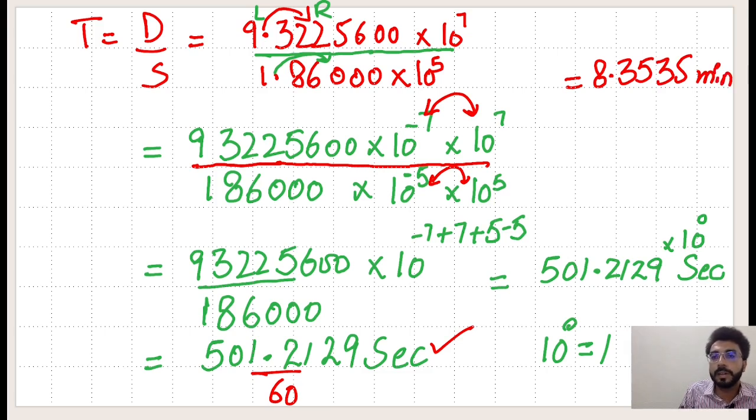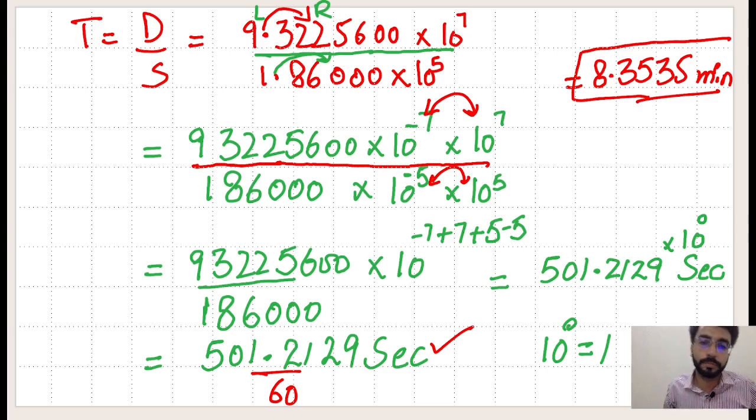This is the approximate answer in minutes. You have to write the final answer in minutes. So this is our final answer. 8.3535 minutes is the final answer in standard form.